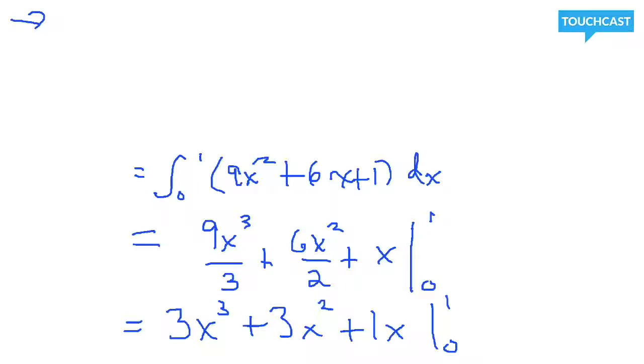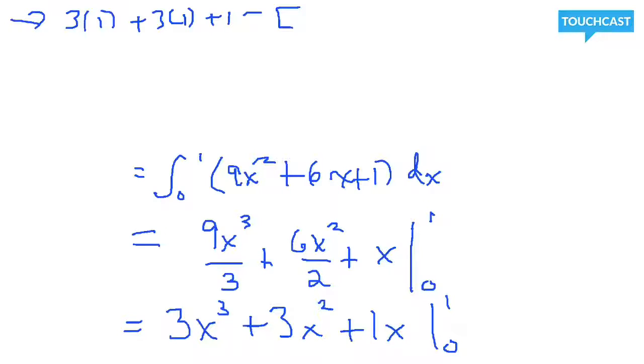So that's going to be 3 times 1 plus 3 times 1 plus 1 times 1 minus, do not make this common error. I'm about to subtract that whole polynomial evaluated at 0. And well, in this case, it's not going to be a big deal because it's just going to be a whole bunch of zeros. I want you to build the habit now.